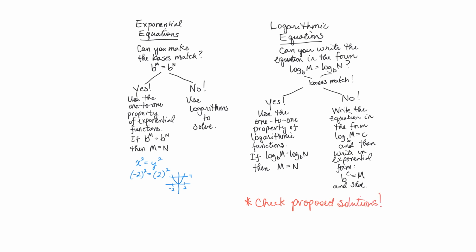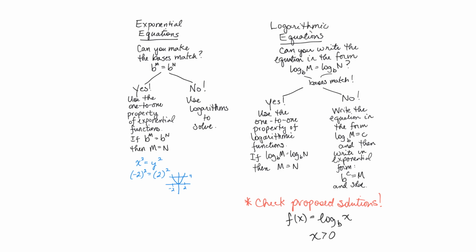The reason that I have to check my proposed solutions for my logarithmic equations is that they involve logarithmic functions, right? If I have f of x equals log to the base b of x, just my most general, most basic logarithmic function, the domain was that x had to be strictly greater than 0, right?